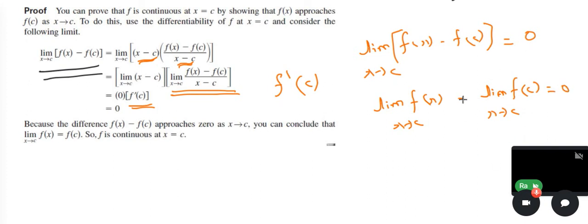If I transfer it to the other side, or add this part on both sides, I can see that these two are equal. That is, the limit of f(x) as x approaches c is equal to the limit of f(c) as x approaches c.